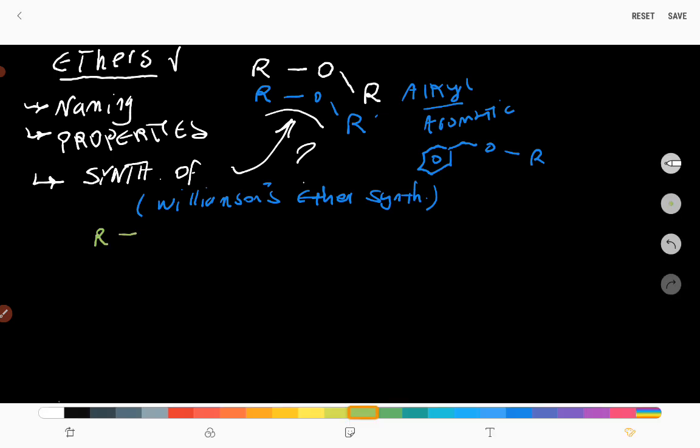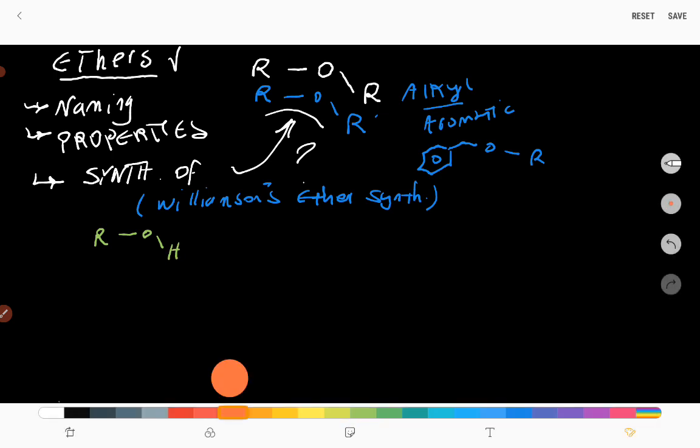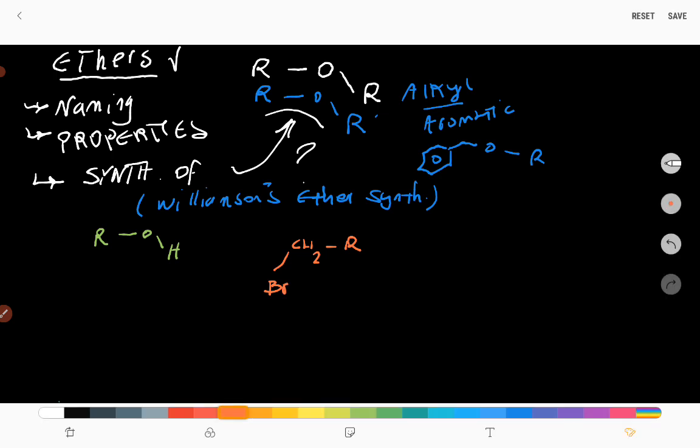Besides the alcohol molecule, you have an alkyl halide. For example, you can have this kind of alkyl halide. You can have different types of halides, but in this case, we say, for example, bromine.